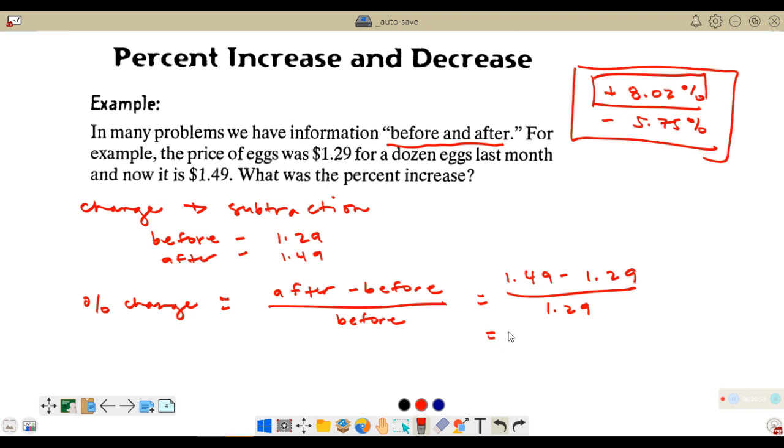So, what is that? Ah, no, reversed. 1.49 minus 1.29. We have 0.2 divided by 1.29. So, let's divide.